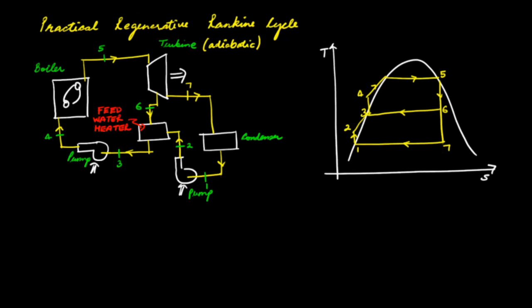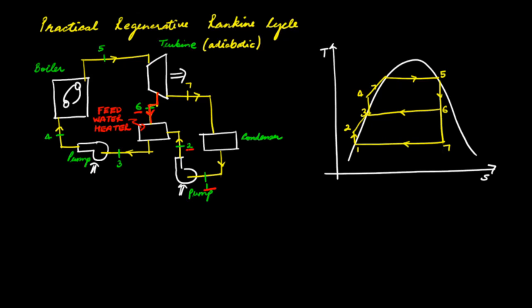but to heat the water, some of the steam from the turbine that is at state 6 after partial expansion is extracted from the turbine, and that fraction of steam is used to heat the water in the liquid phase. So the condensate at state 1 is again pumped to some intermediate pressure that is equal to the pressure at which this steam is extracted from the turbine, that is at state 6.